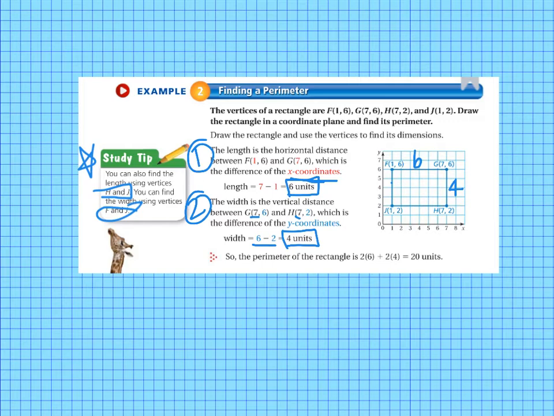And then our third step is finding the perimeter. Step 3 is calculate the perimeter.